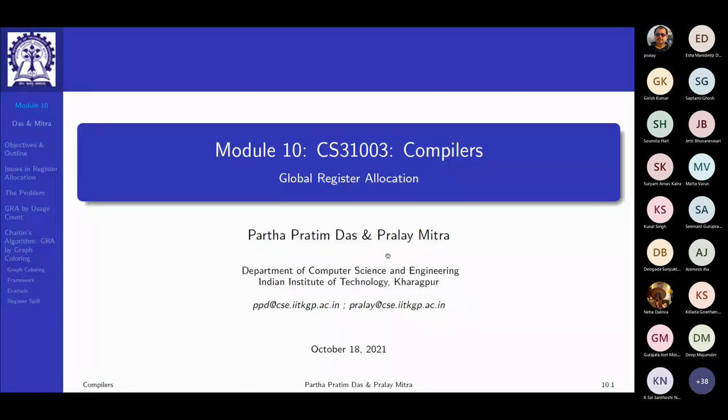We did take a look at some of the optimizations at a local level as well as at a global level, local level by value numbering representation of basic blocks and trying to do some constant folding, constant propagation, copy propagation, common subexpressions for that.